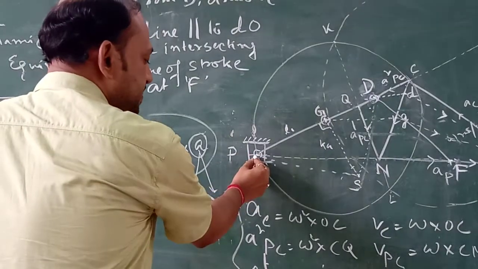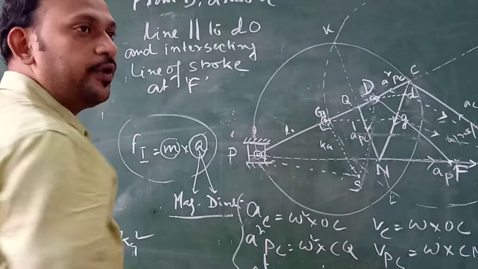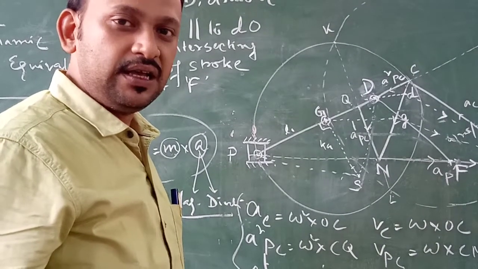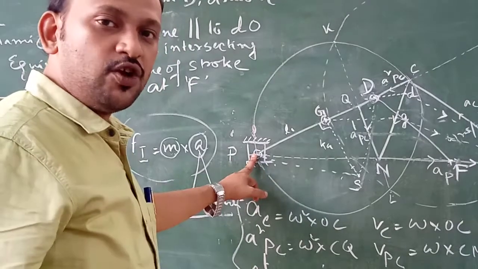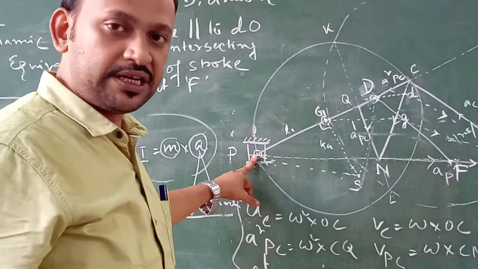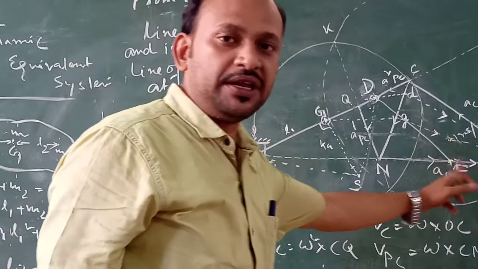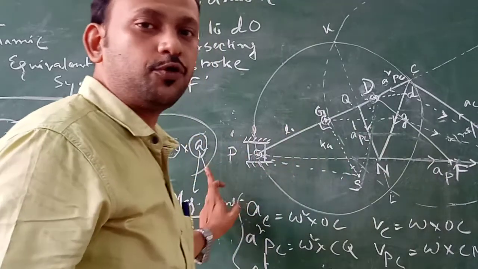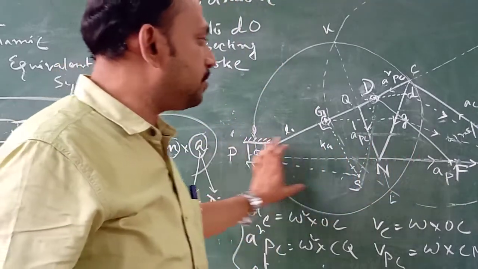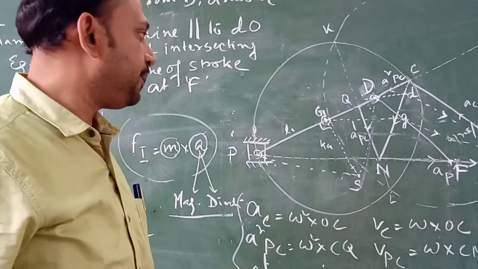Now what is the line of action of P? At any point of time, whether theta is an acute angle or obtuse angle, the direction of acceleration of P will be from P to O, or in the reverse direction, from O to P. So the acceleration will always be along this line OP or PO as per the position of the crank.